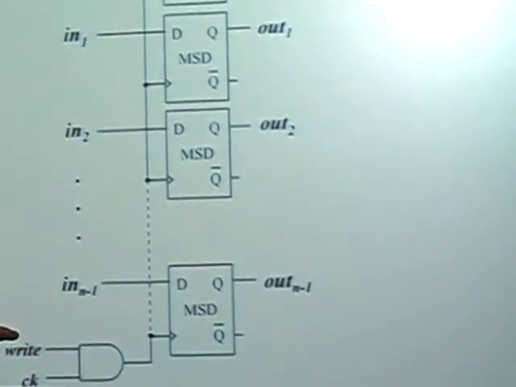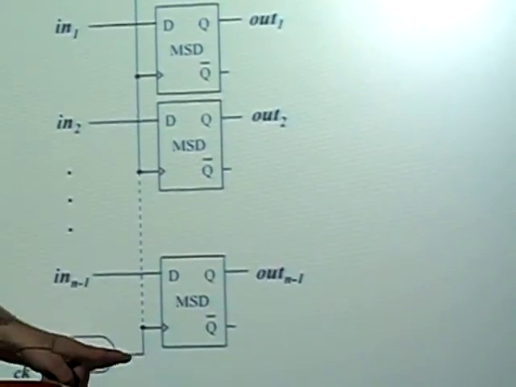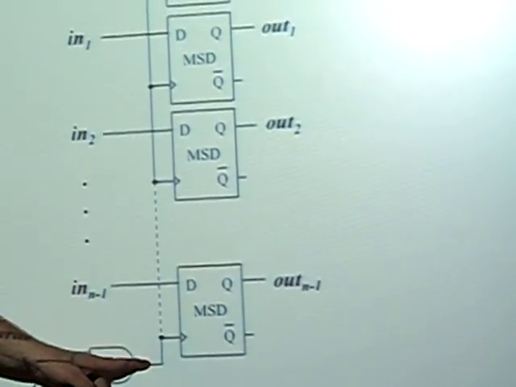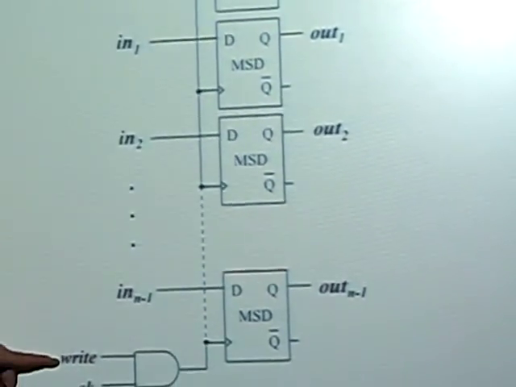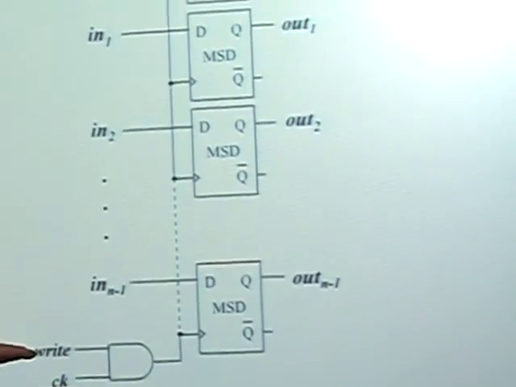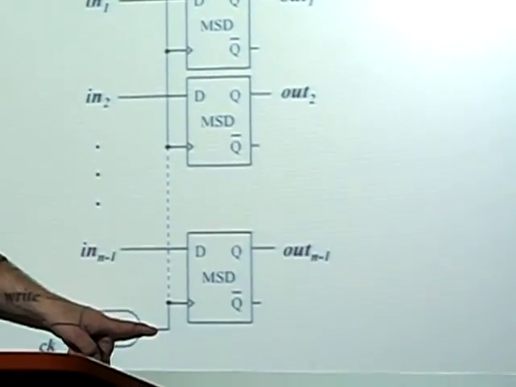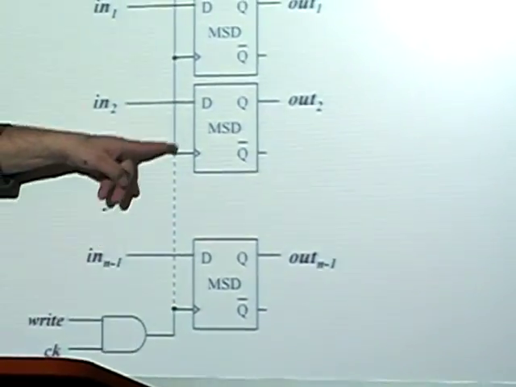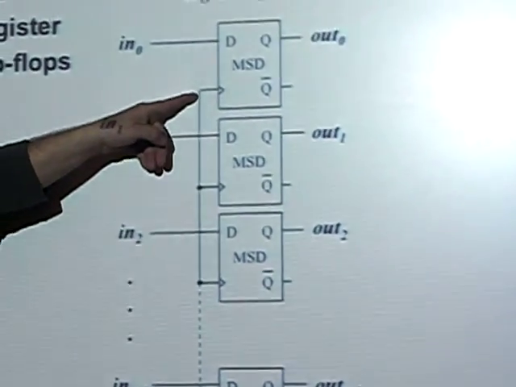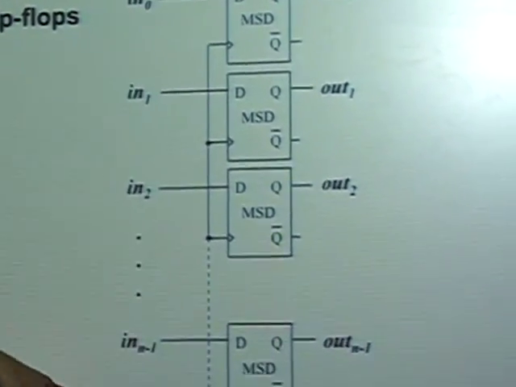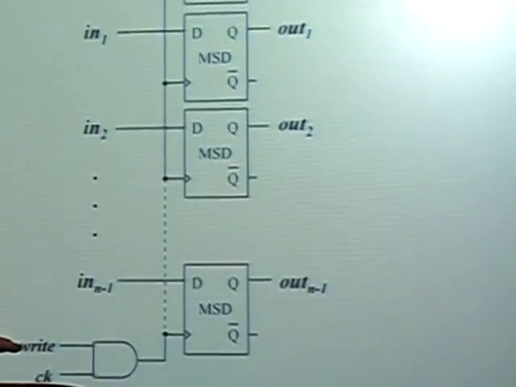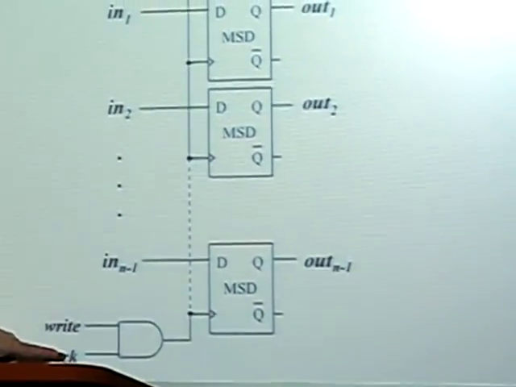So if write is not asserted, then what's the output here always going to be? It would be false. So when will the clock strike? Never. So if write is not asserted, I don't care what the clock does.